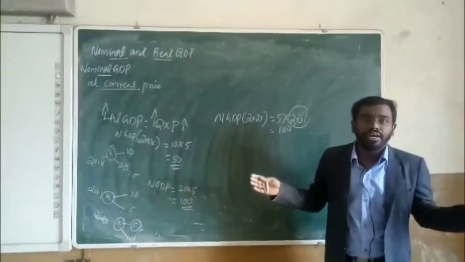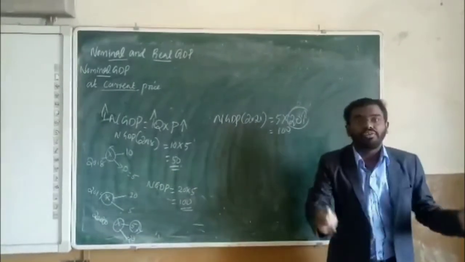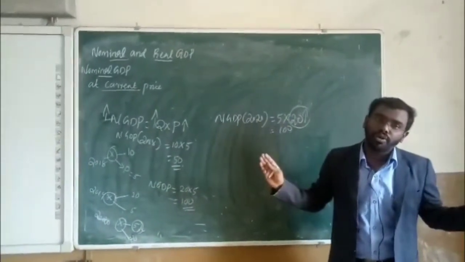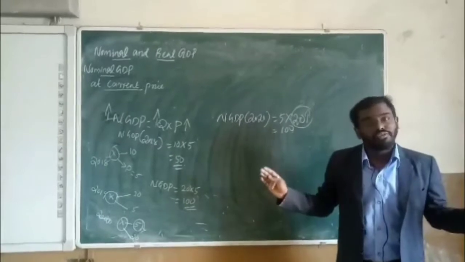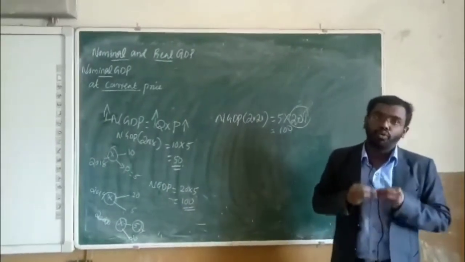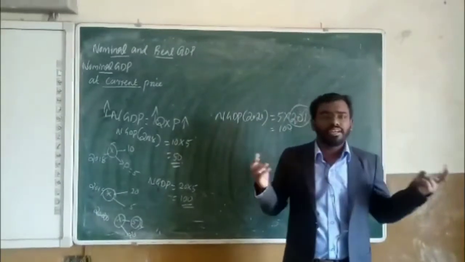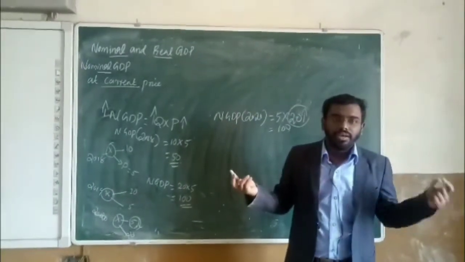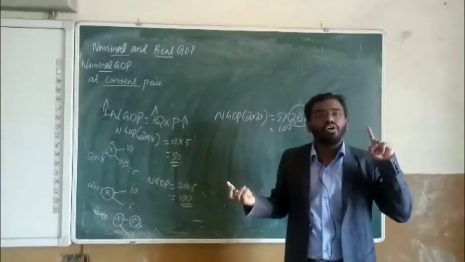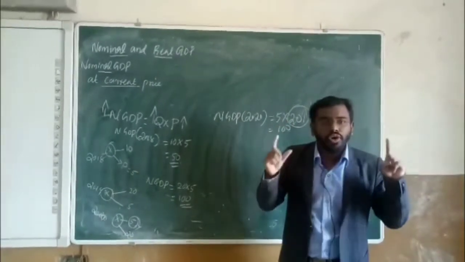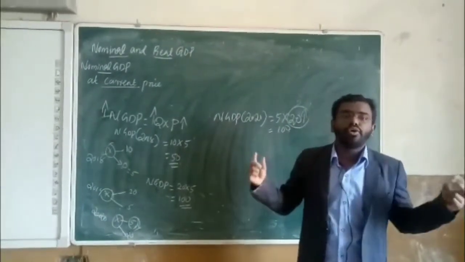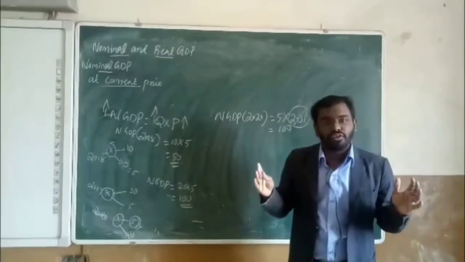There will not be any rise in the flow of goods and services, and at the same time the welfare of the people will not improve. So there are two possible reasons for an increase in nominal GDP. It may be due to an increase in the number of output, or it may be due to an increase in the price level in the economy.